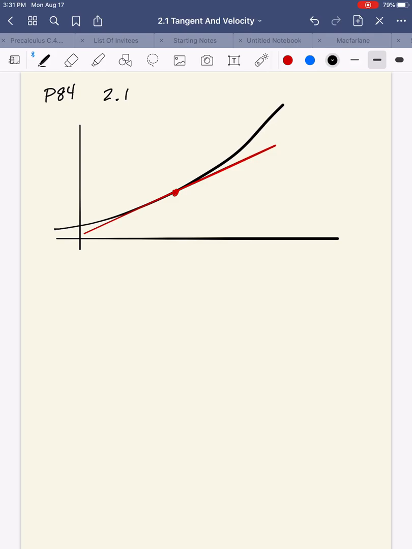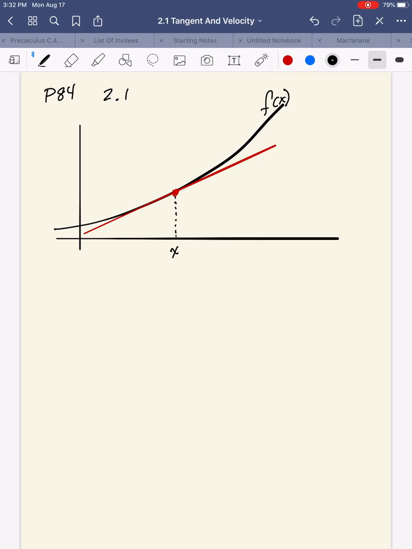And so what we're going to do is call this point x. And this is the function f of x.